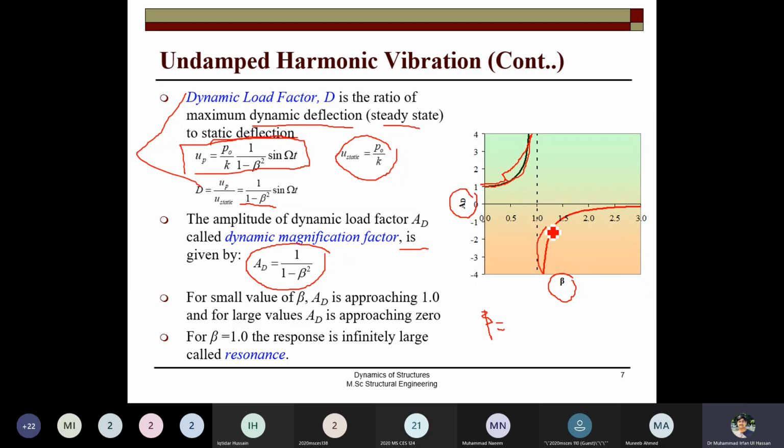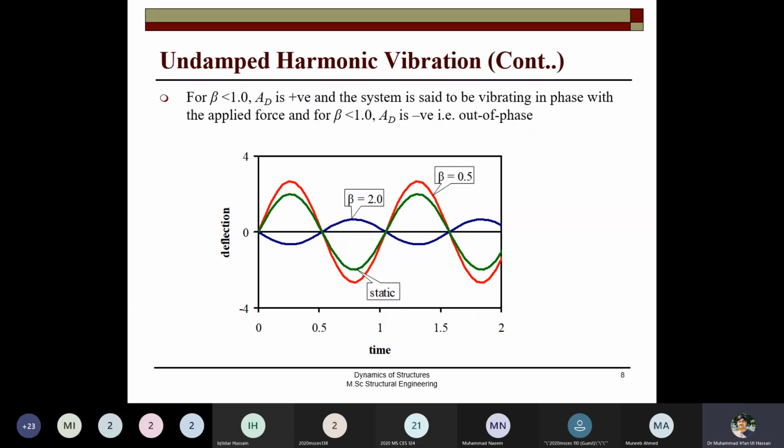When it is 1, the value is nowhere in the graph. It is a very high value, which means the response is infinitely large. The amplification factor is infinitely large when beta is 1, and that state is called resonance.